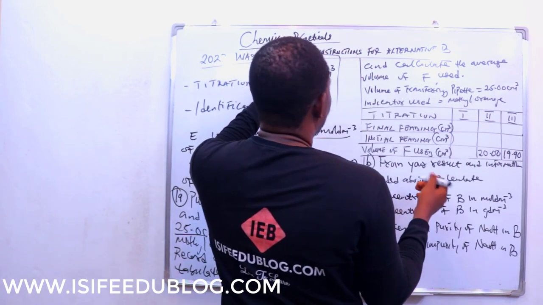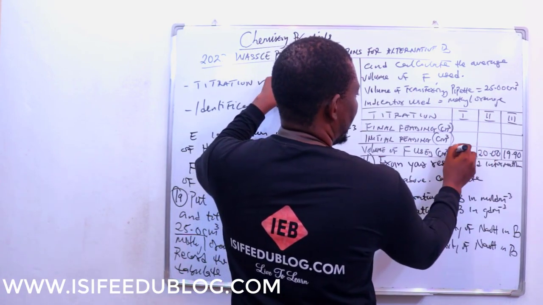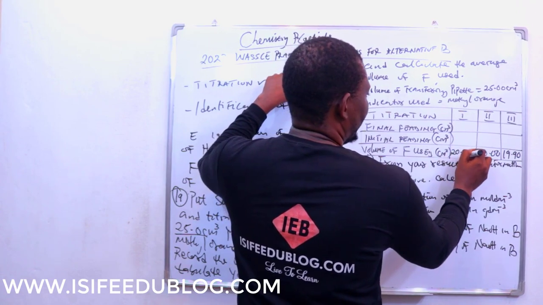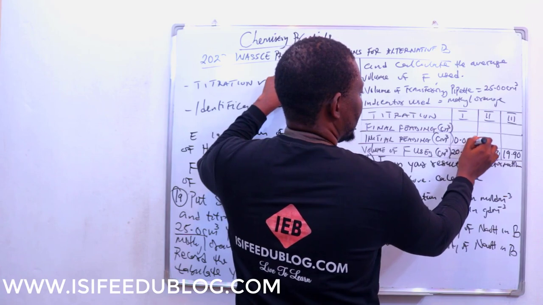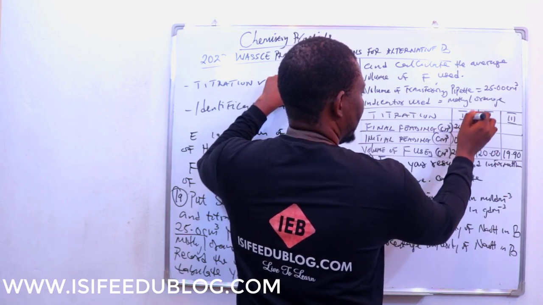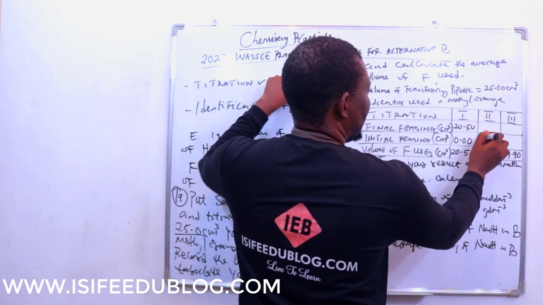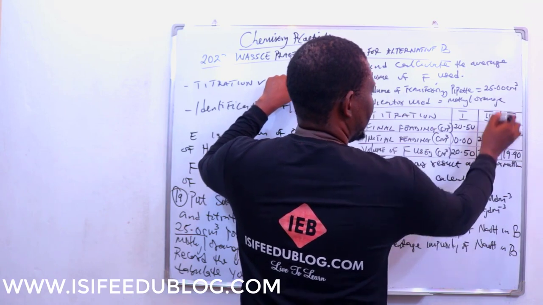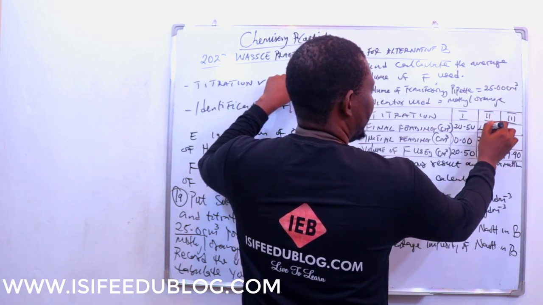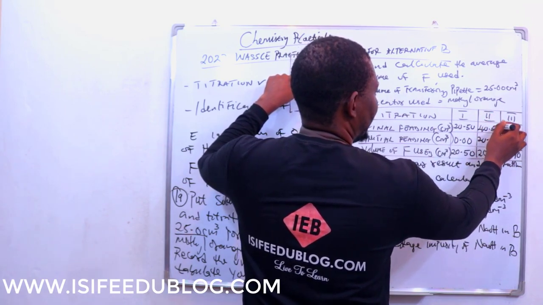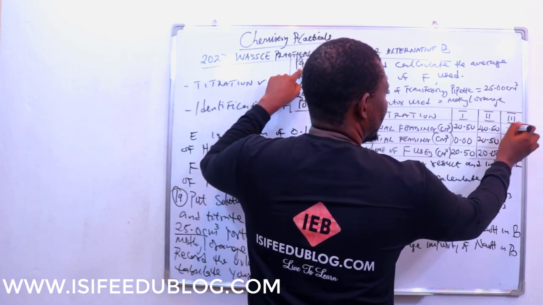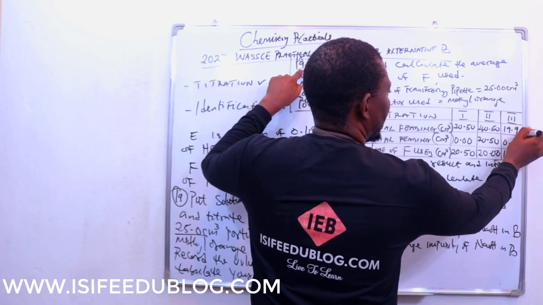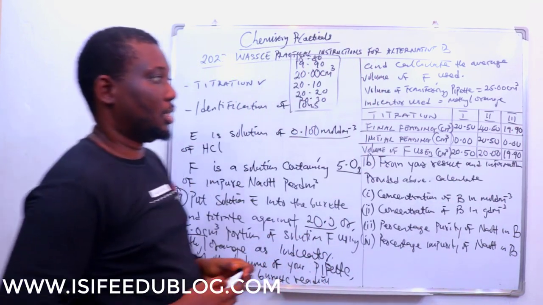Maybe for this one, I could just say 20.50, 20.50, 40.50, 0.00, 19.90. Okay, that's how the table is.